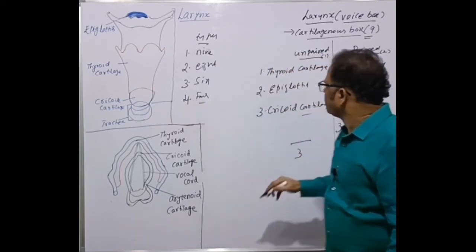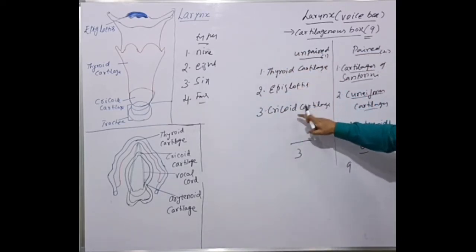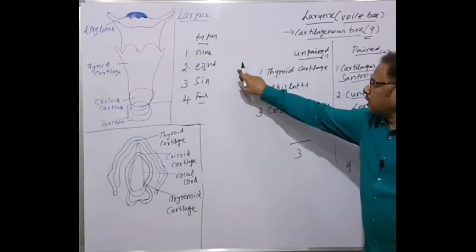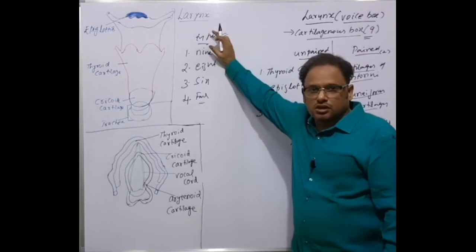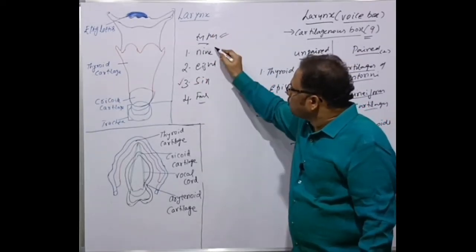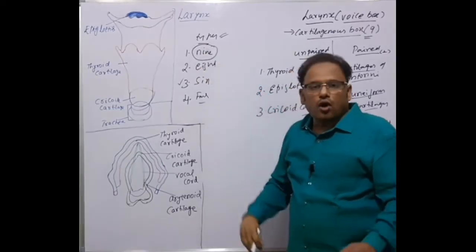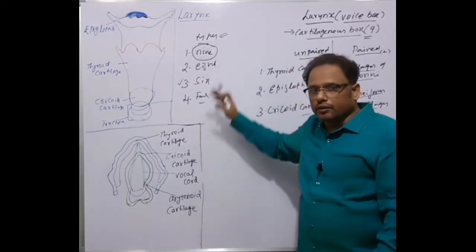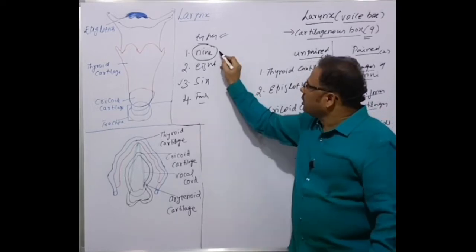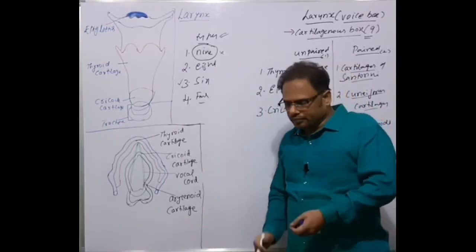What's the answer? 1, 2, 3, 4, 5, 6 types are there. Not totally, 9 are there, but the question is number of types. That is 6 is the answer. But most of the students will keep 9, out of hurry, out of stress, they think that total number of cartilages is asked here. So that's a wrong answer.